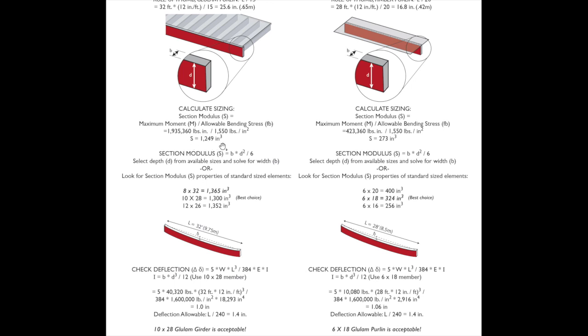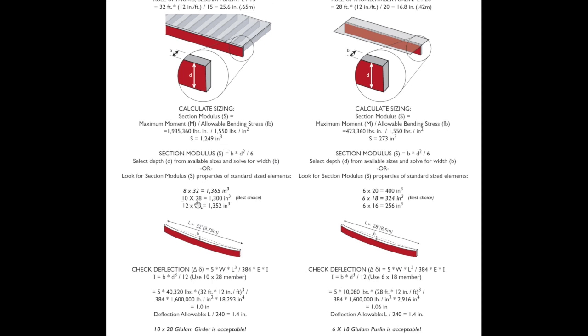You can either calculate the section modulus as B times D squared divided by 6. On the top diagram, you can see where B and D are. These are solid members, so that would work. Or I look up the general properties of glulam and find these sizes. What I found is a 10 by 28 is 1,300 inches cubed, which of course meets and exceeds what we needed for our section modulus.